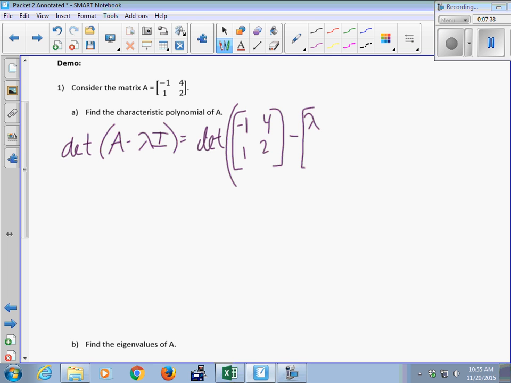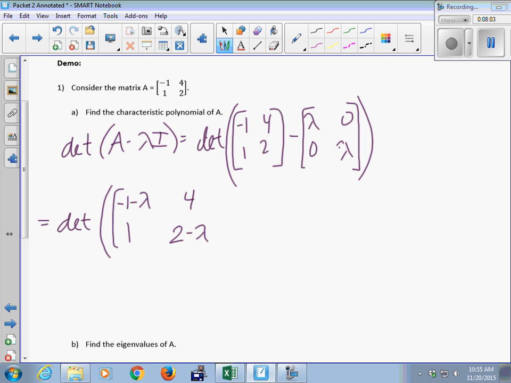So this is going to be lambda 0, 0, lambda. So this equals the determinant of -1 minus lambda. Remember, when you subtract matrices, you just subtract corresponding pieces. 4 minus 0 is 4. 1 minus 0 is 1. And then my last spot, I have 2 minus lambda.